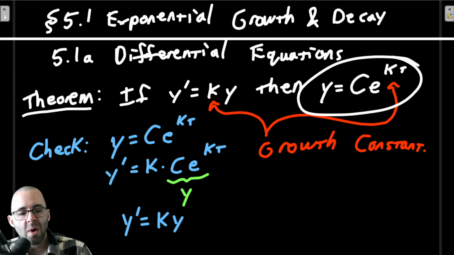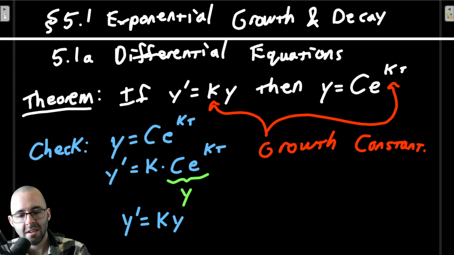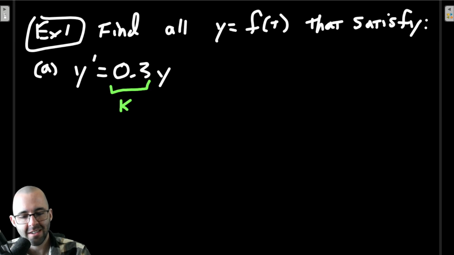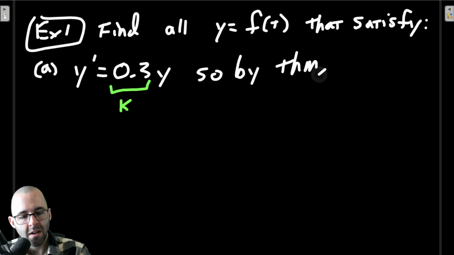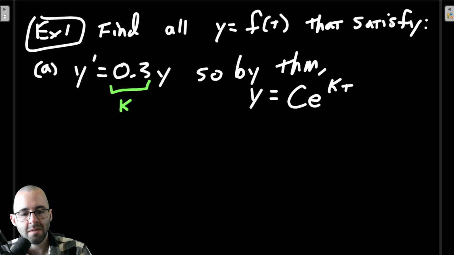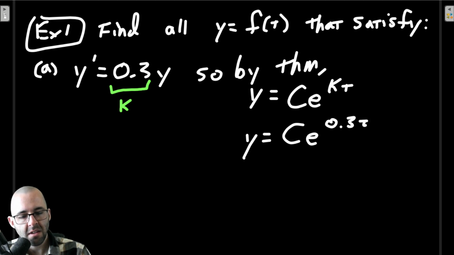So by the theorem, y is ce to the kt. How convenient. And what's our k value? Our k value is 0.3. So y is some constant times e to the 0.3 times t.